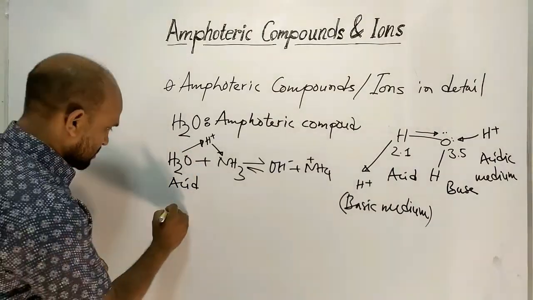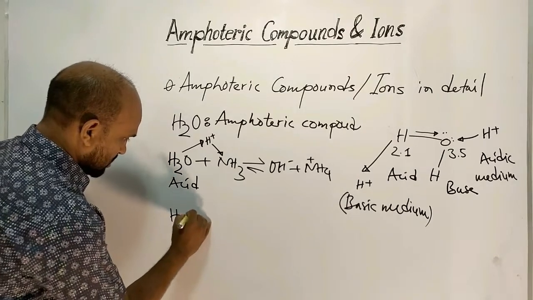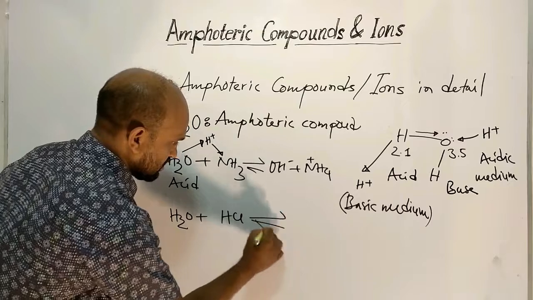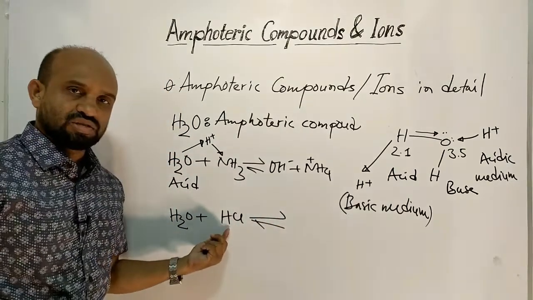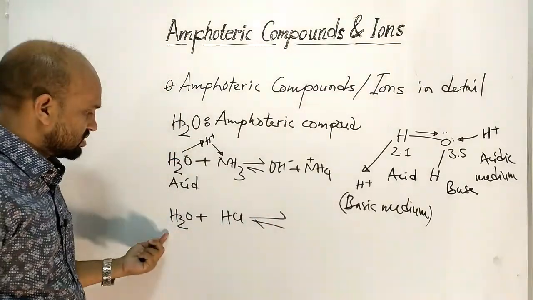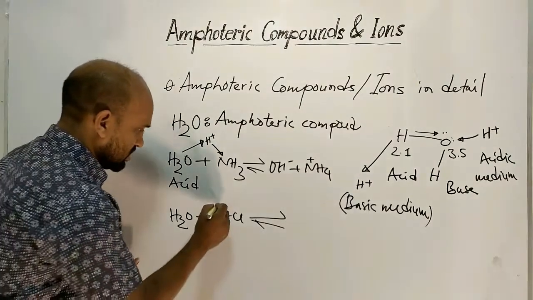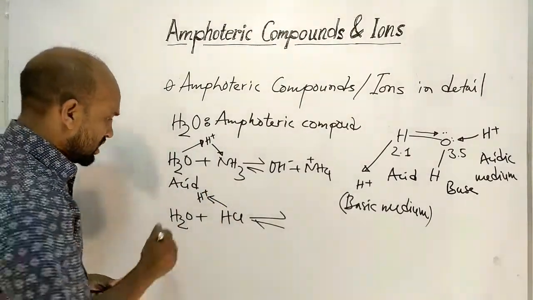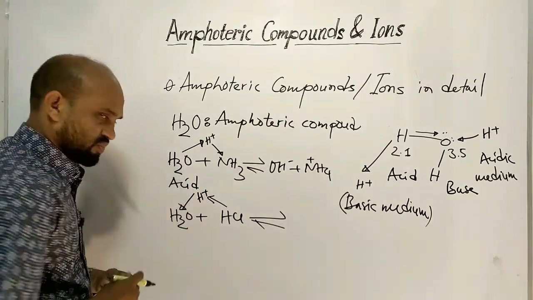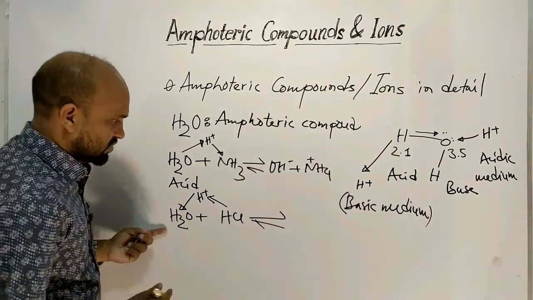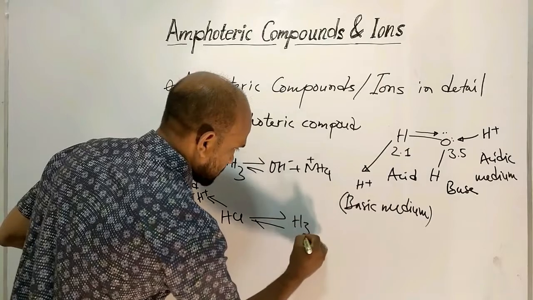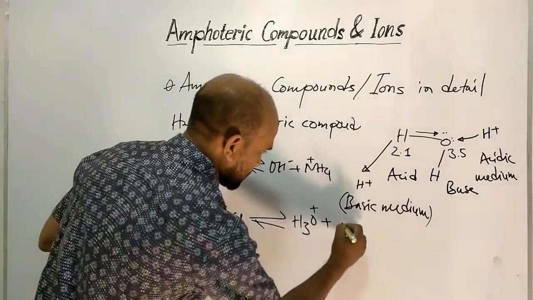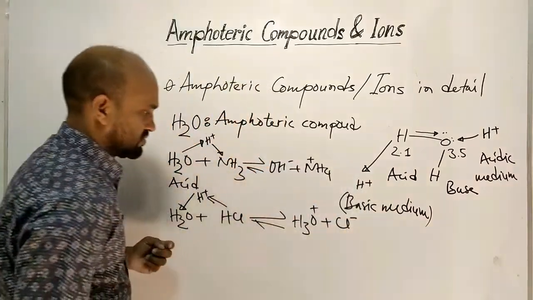Let's see another reaction. Water is added to hydrochloric acid. Hydrochloric acid is a stronger acid than water. That is why hydrochloric acid donates a proton and water accepts that proton. After that, water becomes hydronium ion and hydrochloric acid becomes chloride ion.